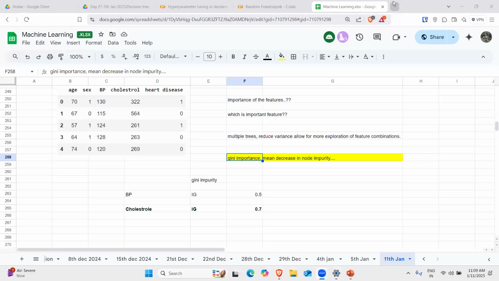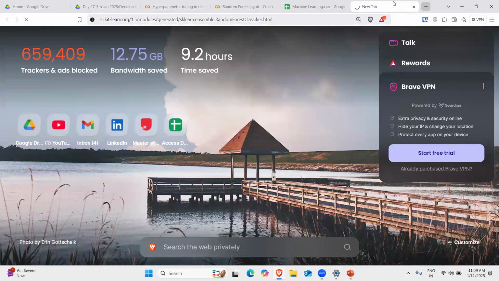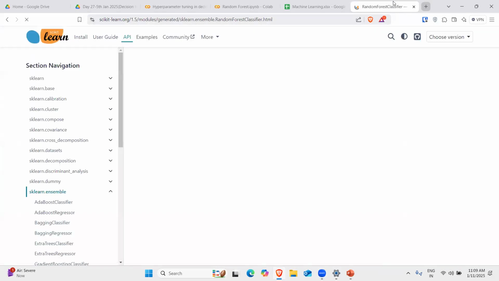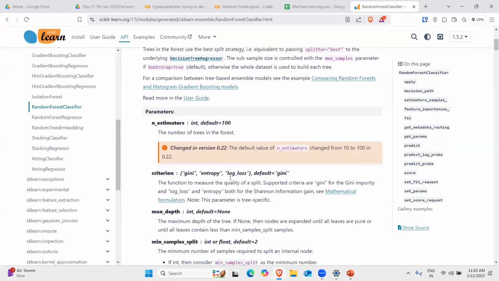So let us go to the official documentation of random forest, and let's try to understand each and every parameter out there.